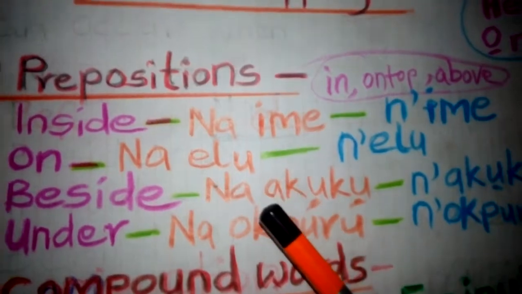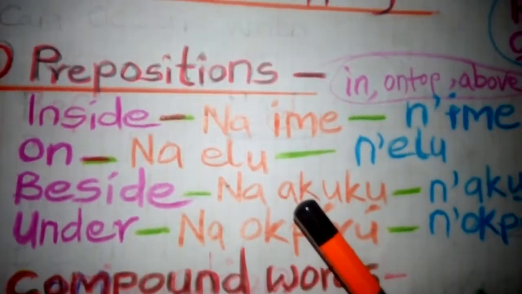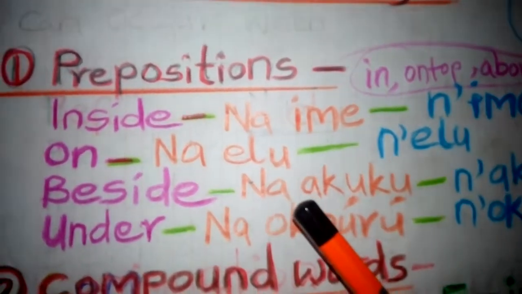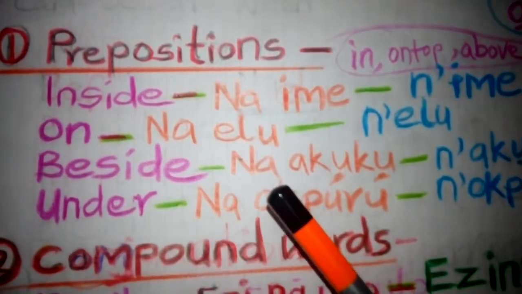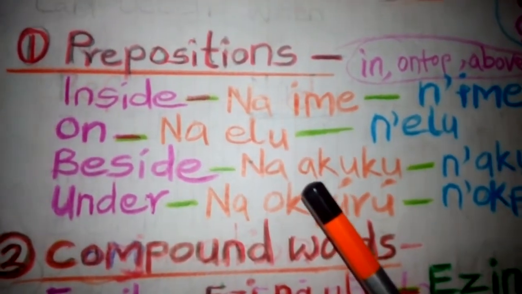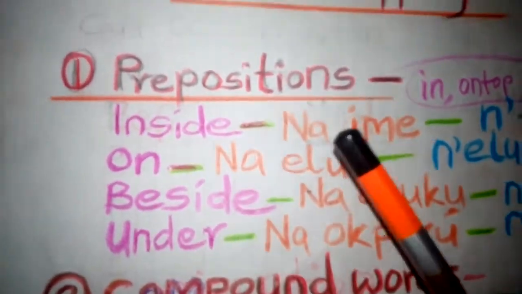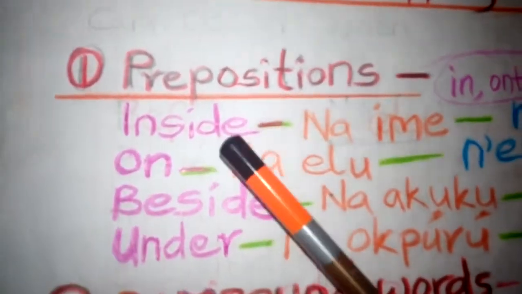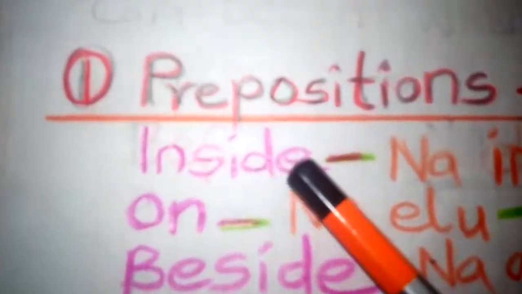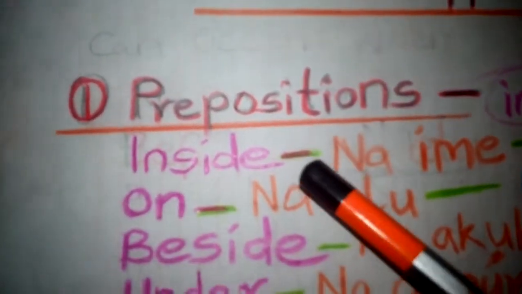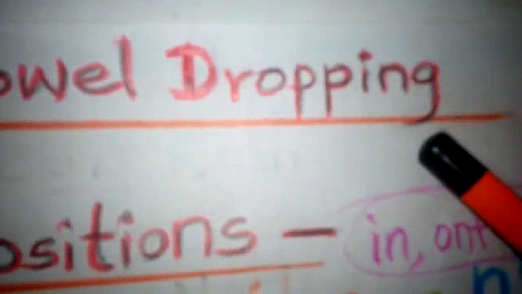But if it's not a preposition, you cannot drop the vowel, you cannot drop anything. So it's very important. I'll be teaching you about prepositions in another video. So let's go straight and see the vowel dropping.